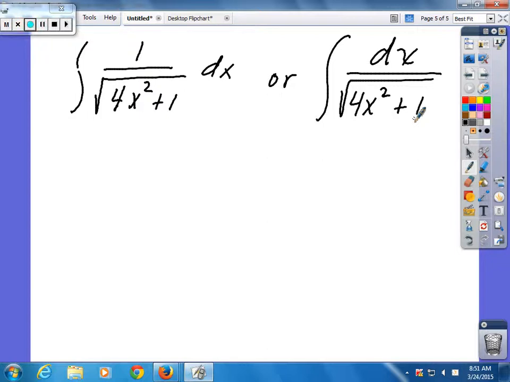Okay, so take a minute and work on that for a second and see if you can match it up and see if you can get it started. You know it's going to have some kind of relationship to secant and tangent. Why?